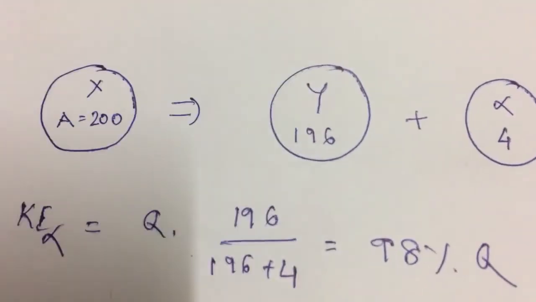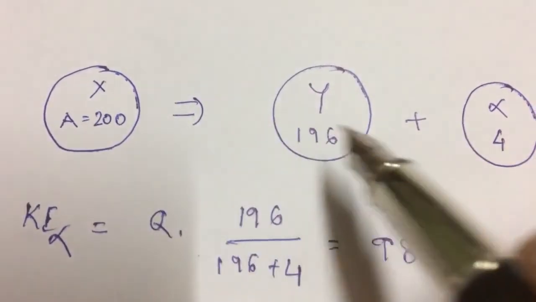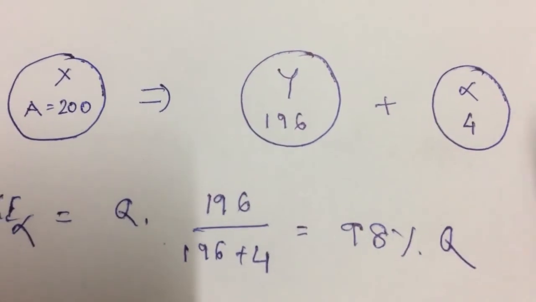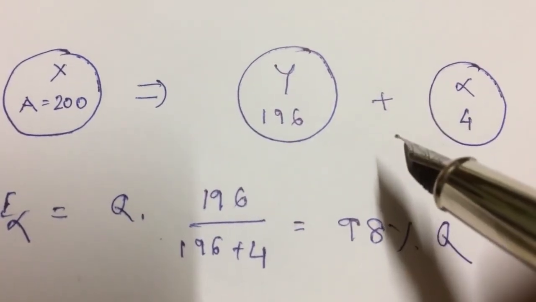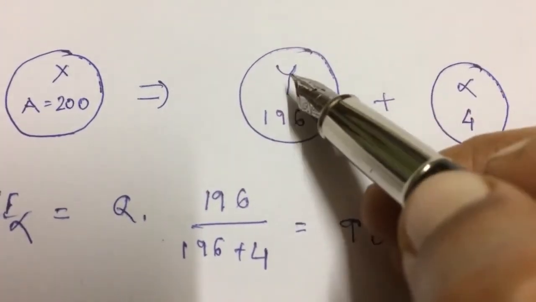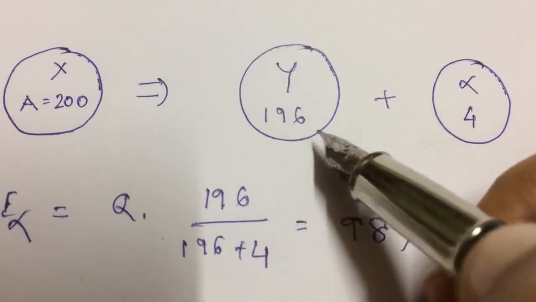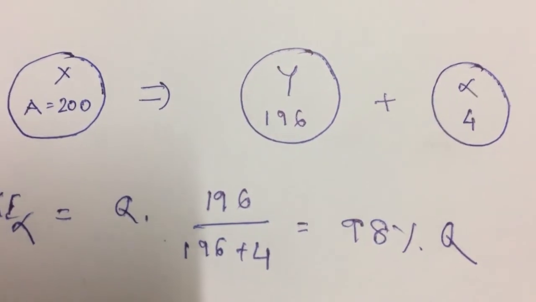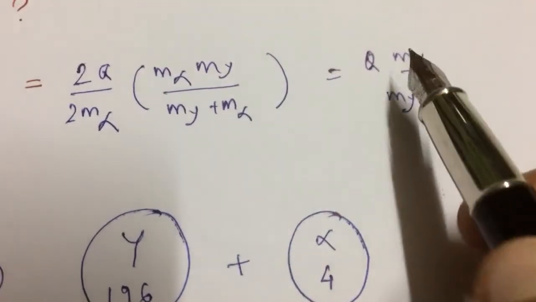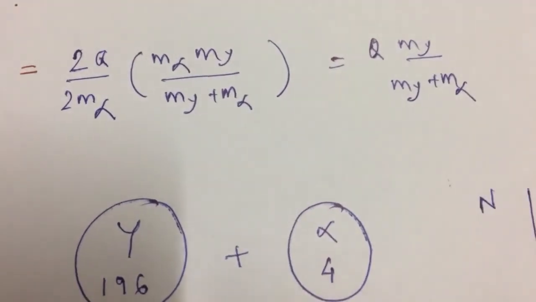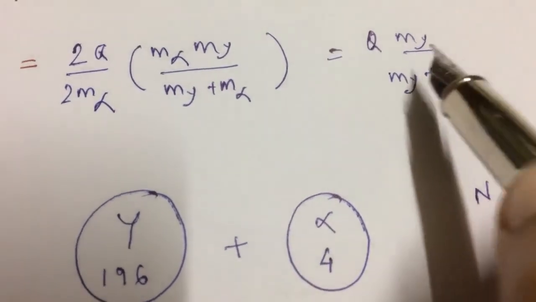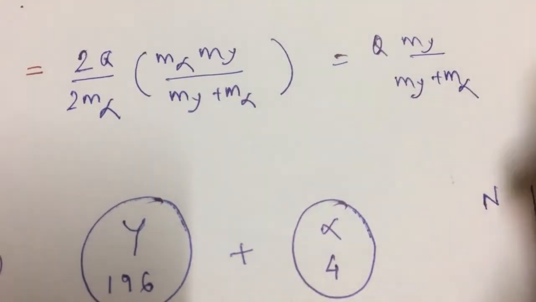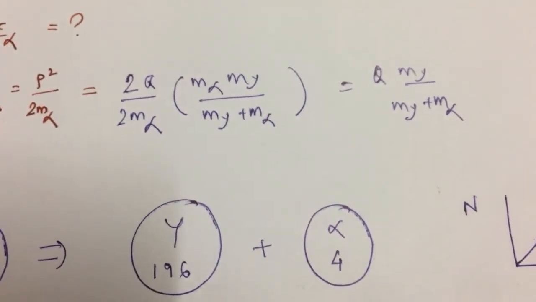So we are taking a high value of A, and it is splitting up into two nuclei with comparatively smaller values of A. Y is with A equal to 196, alpha is with A equal to 4. If we put the values for the masses here, we can find out the energy of the alpha particle, because this is the expression of energy for the alpha particle.